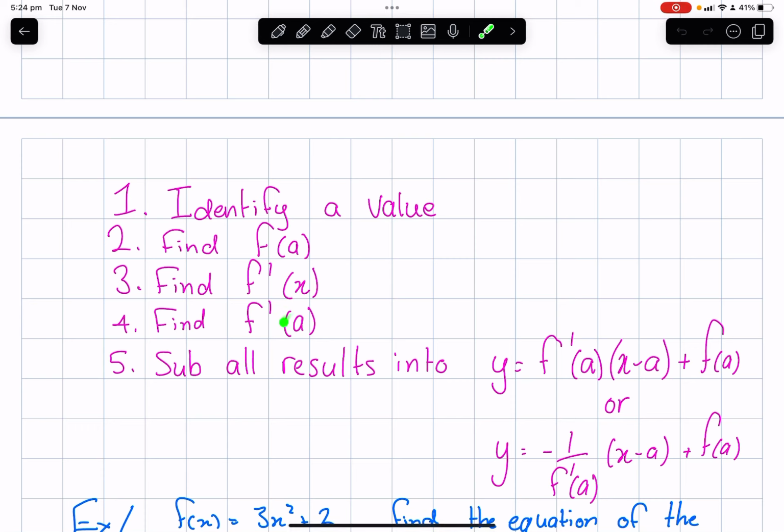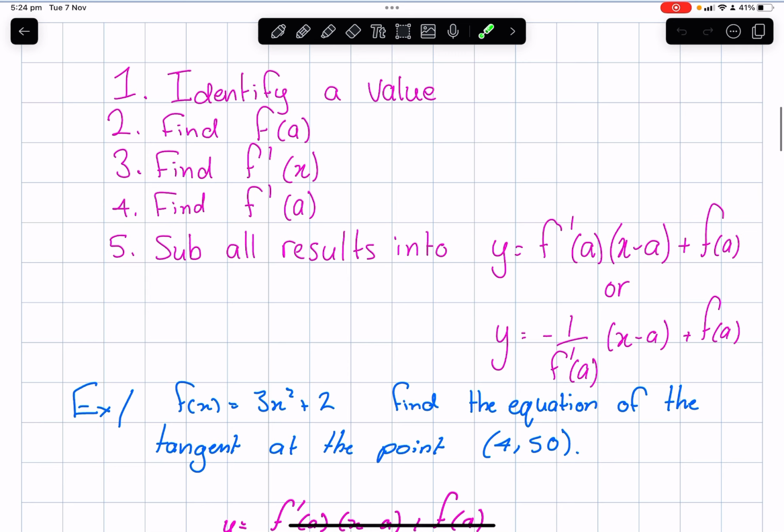Then I want to substitute my a value into that specific function to get the gradient at that point, and then sub all the results into my tangent function or my normal function. Now, we haven't seen that one just yet. We'll get to that in a moment, but the same sort of steps apply there.